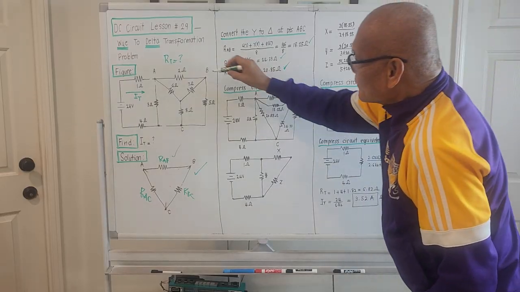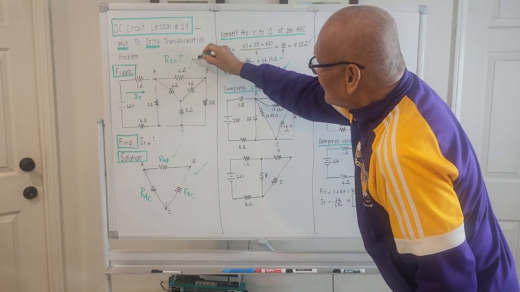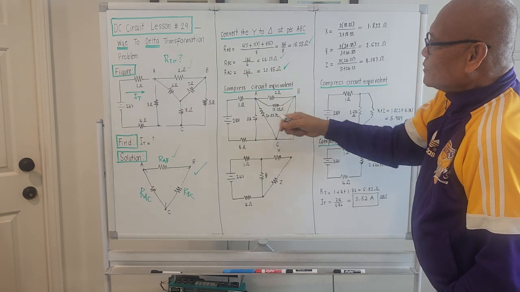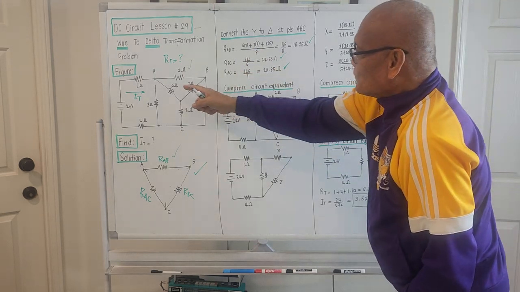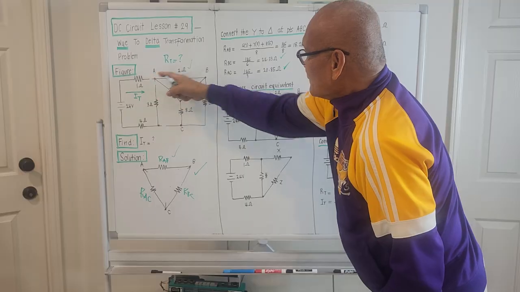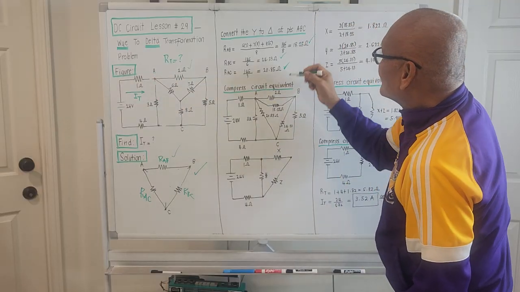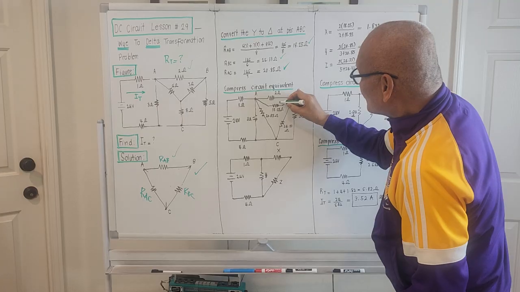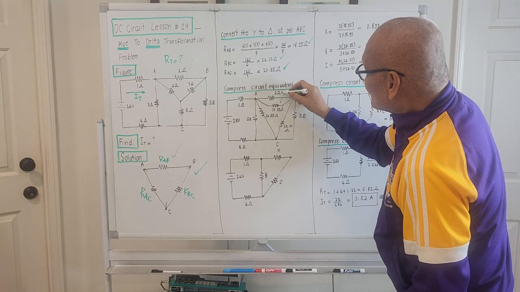This 2 ohms here was originally there. But according to our delta solution, considering points A and B, we computed RAB is 18.25. This is 18.25. 2 ohms is this one.